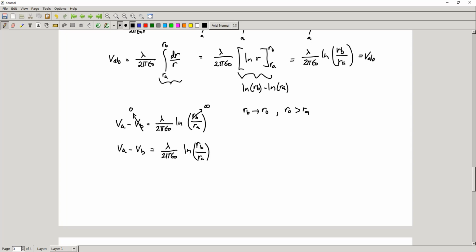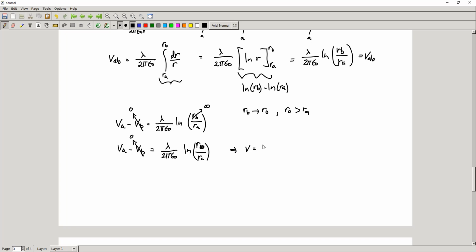We're going to find that we have this equation again, except now we're setting our 0 potential at R naught. So that's not an R_B anymore, now that's an R naught. And so this gives us an expression for our potential with a 0 that we've selected, some finite point at which we're calling that 0 potential, and it gives us an expression that we can use to talk about what our potential is everywhere else in relation to that point.